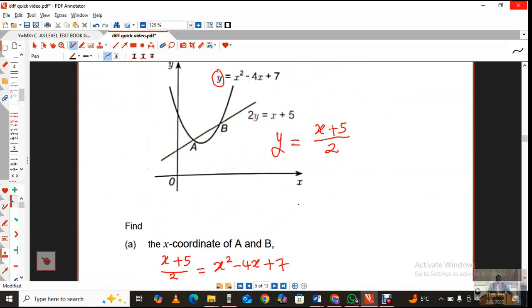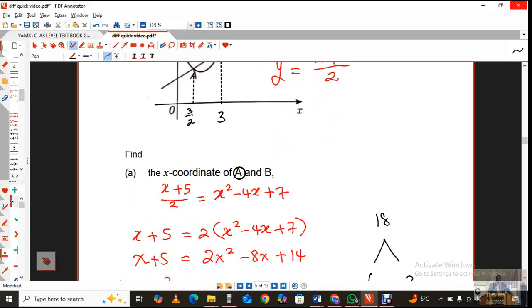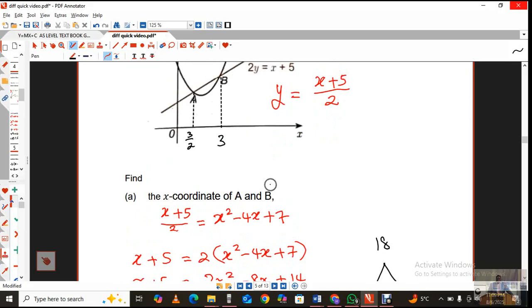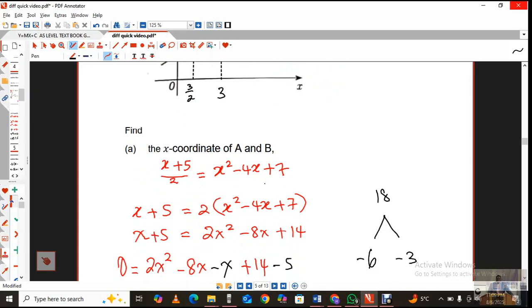So at this coordinate B, the value of x is 3, and here it's going to be 3 over 2. Those are the values we are looking for. They just want the x coordinates of A and of B; they don't want the y coordinates.